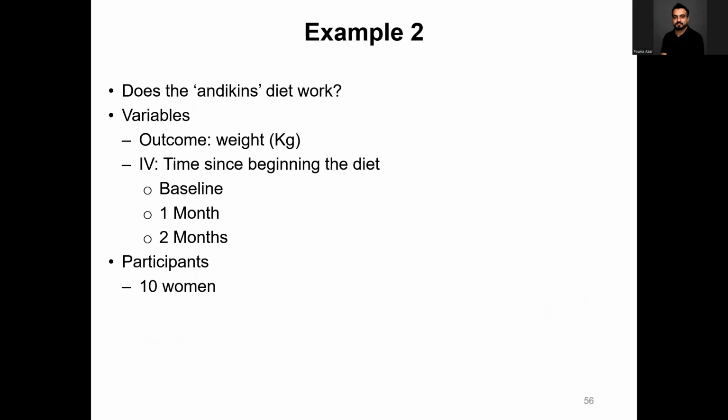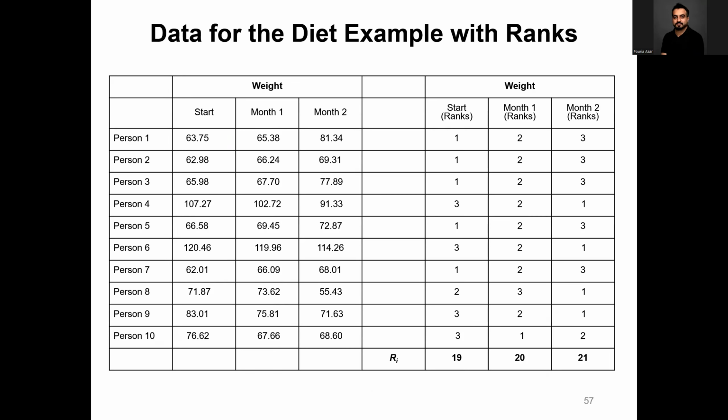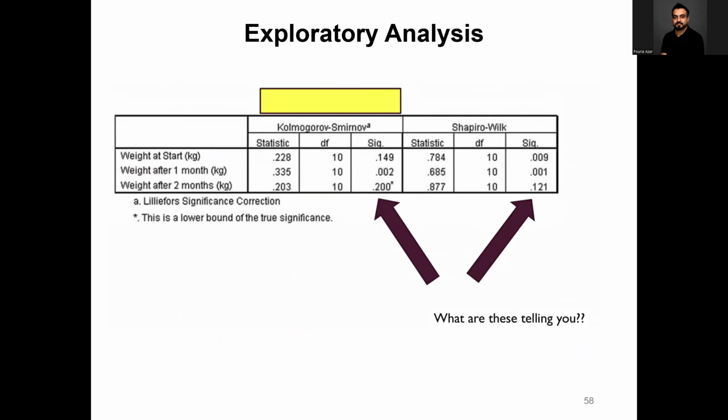So instead of having pre and post, we have baseline, 1 month, 2 months, and we can have 12 months, 24 months, etc. So again, I would rank the data, calculate the total rank data, and then plug the numbers into the formula, and it gives me the Friedman's ANOVA test.